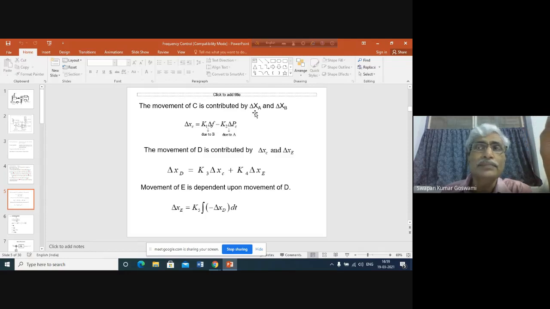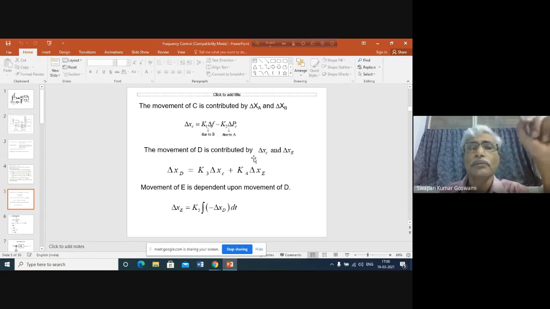XA represents the position of A, XB represents the position of point B, and delta XA represents the change in the position of A. Delta XB represents the change in the position of B. Similarly, delta XC represents the change in the position of C. Delta XD represents the change in the position of D, and delta XE represents the change in the position of E. Okay, so any change in position is represented by delta of that X.